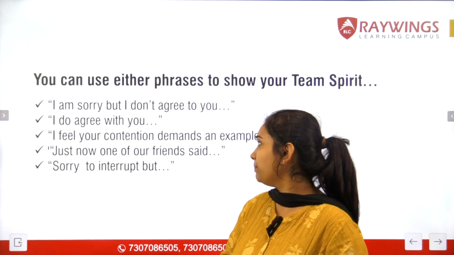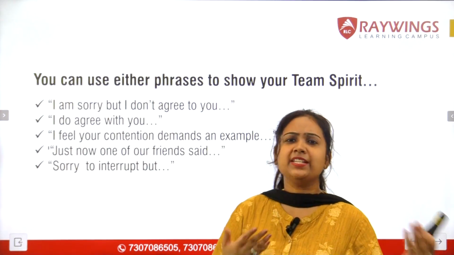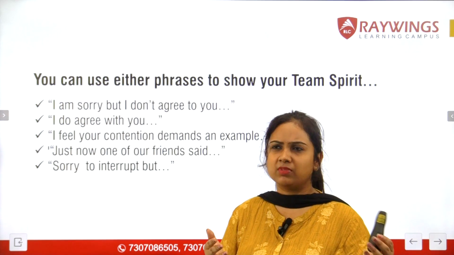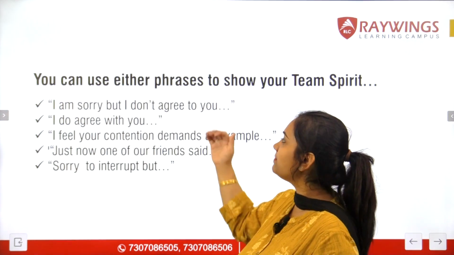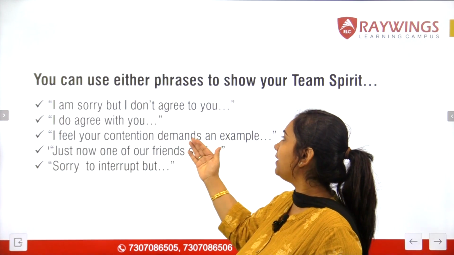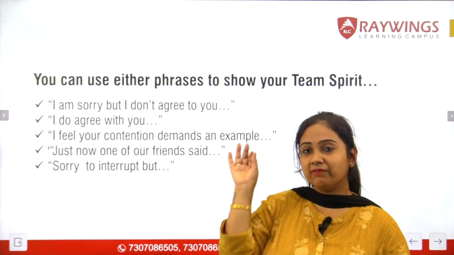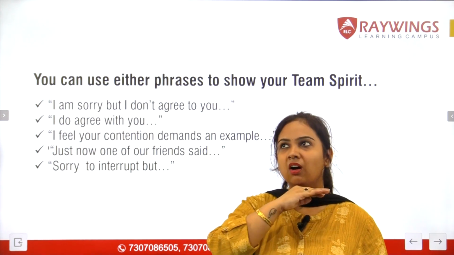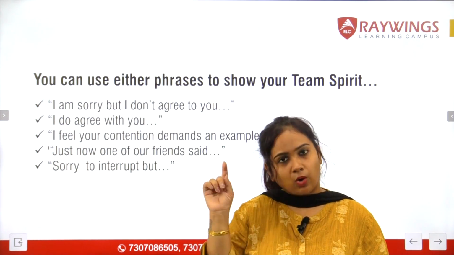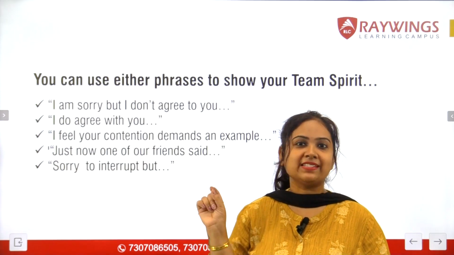So, for example, in case somebody is speaking something and you do not have a clear idea what the person is talking about, you can simply say, I'm sorry, but I don't agree with you. And one thing you have to remember in a GD: you simply do not have to disagree with somebody. Although you are disagreeing, you have to disagree with respect.